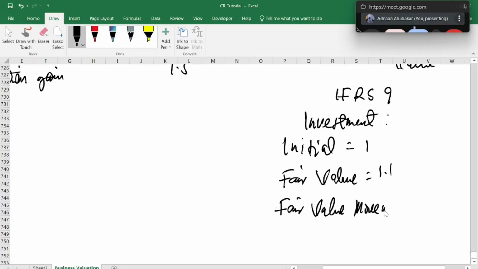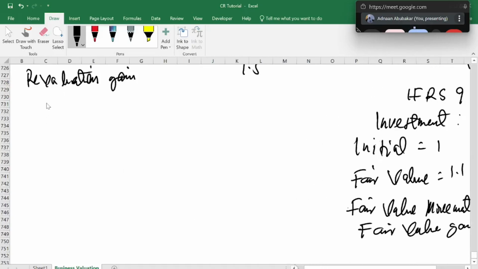Or if you don't want to say fair value movement, you can say fair value gain or loss. Because this one is a gain, just put gain. So that is 0.1 million. So here, you will bring it here. You can say fair value gain on investment, which is 0.1. Okay, let's move.